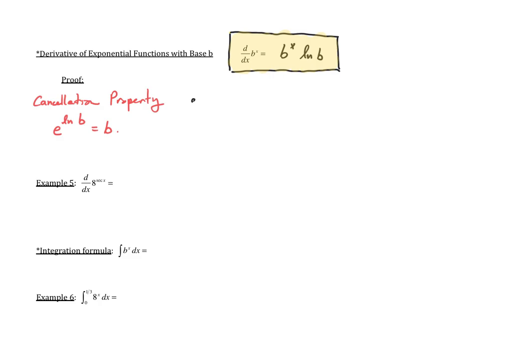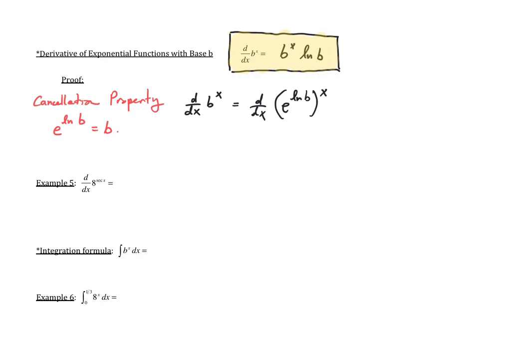So we wanted to take the derivative of b to the x power. And what I'm going to do is rewrite that as the derivative of e to the natural log of b, to the x power, like this. Okay.